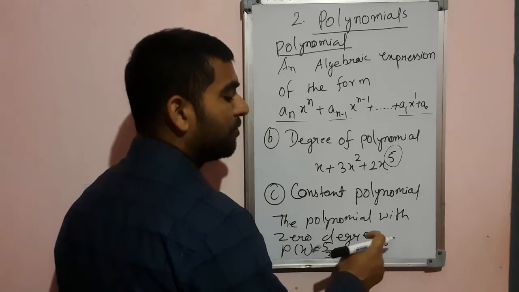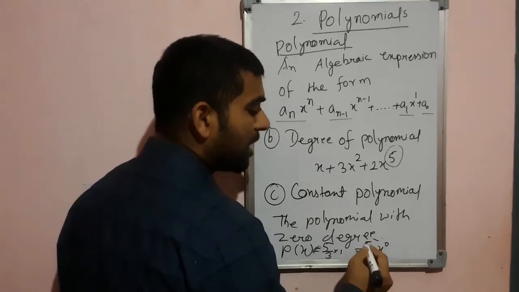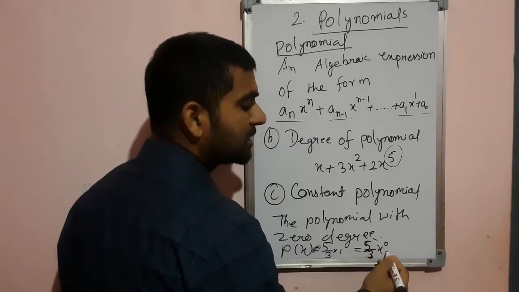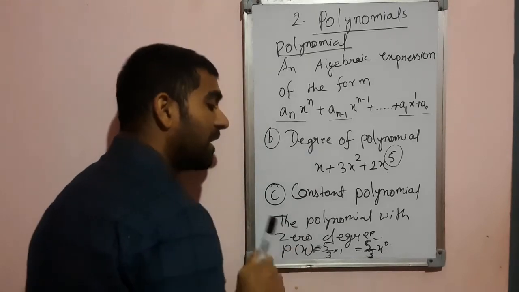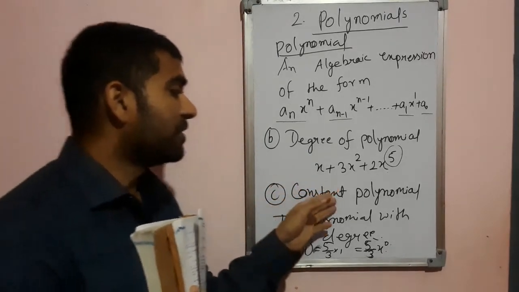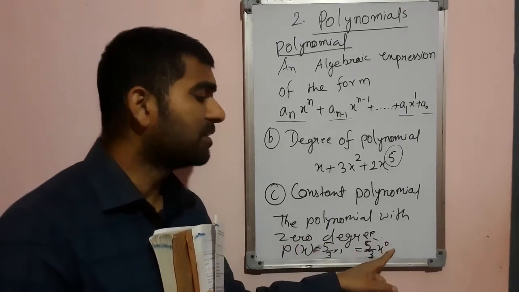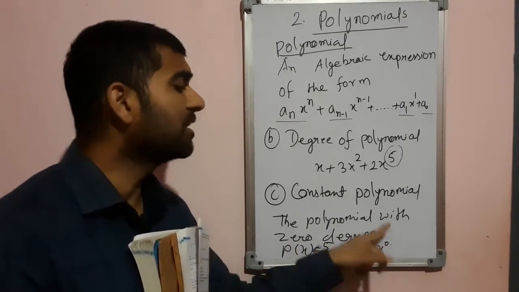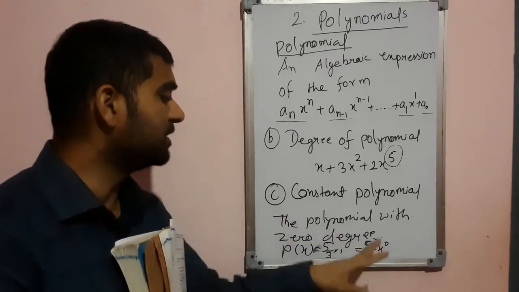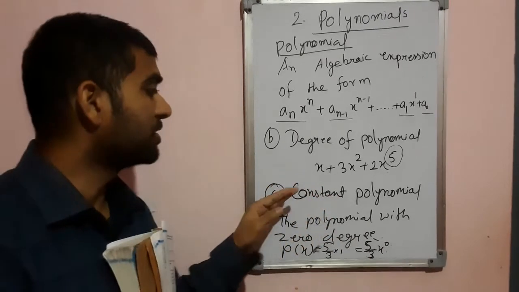So here the power of x is 0. That is why it is a constant polynomial. Any polynomial with degree 0 is called a constant polynomial.